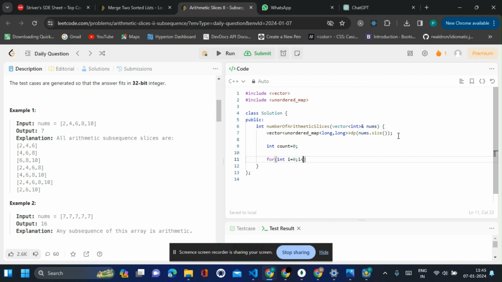And this is the i counter which I explained just before this, how we keep on tracking this counter. And this is our j counter, which will run till j is less than i, so that we can find all the subsequences ending with i with a given common difference.